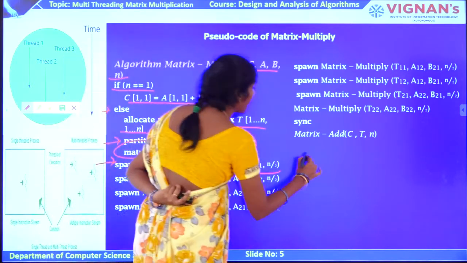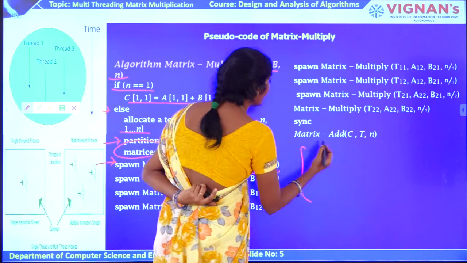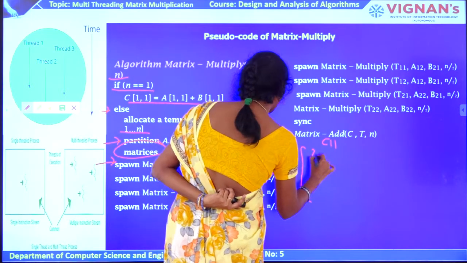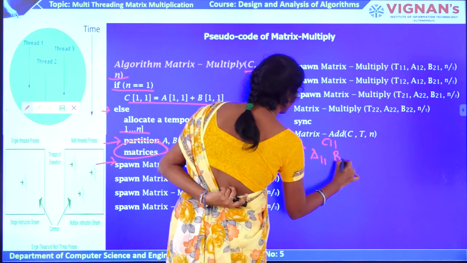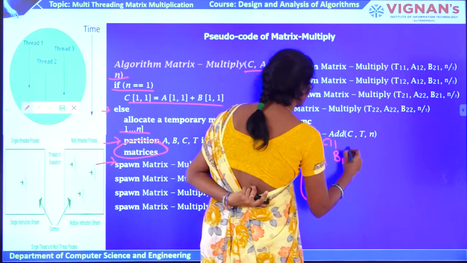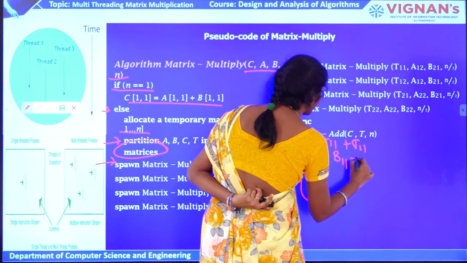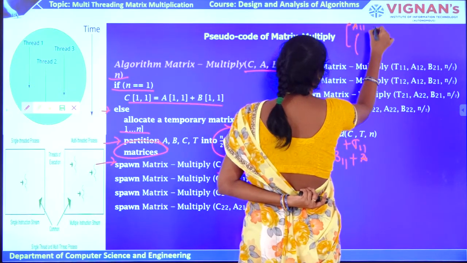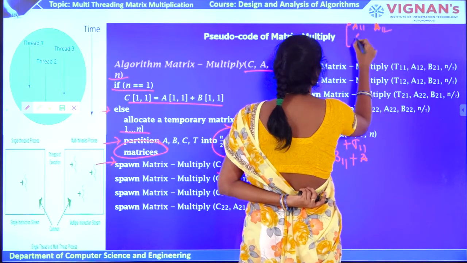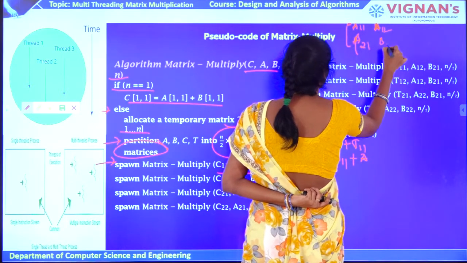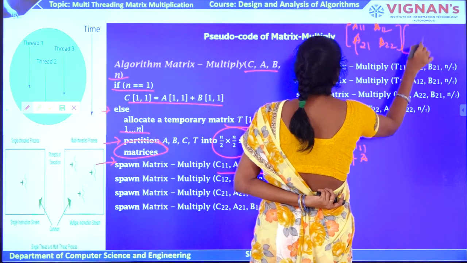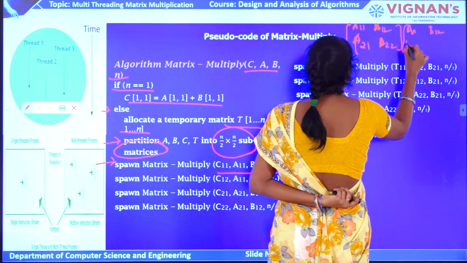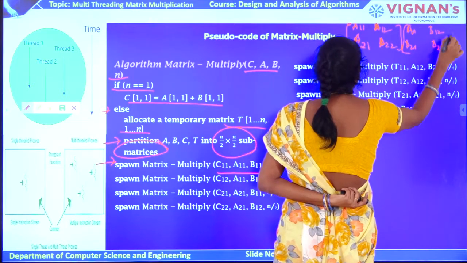If you have seen clearly, what is your first term? C11 is A11 into B11, right? And what is T11? Here you have A11, A12, A21, A22 into B11, B12, B21, B22, right?